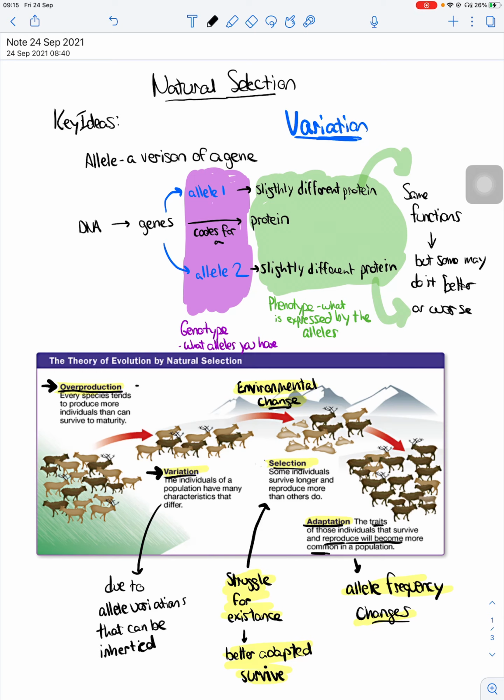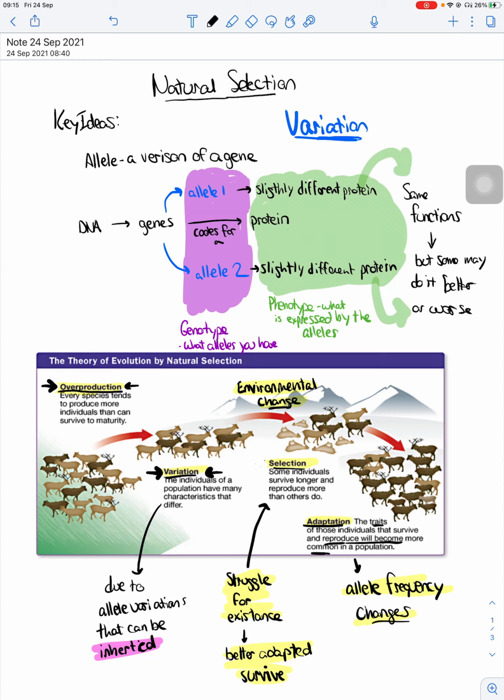So these two key ideas, overproduction and variation, are important. And the other thing he noticed is this variation can be inherited. It can be passed on to the next generation. We know this now. This is DNA, but at this time, that wasn't really known.